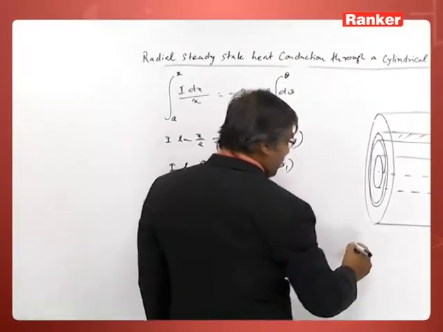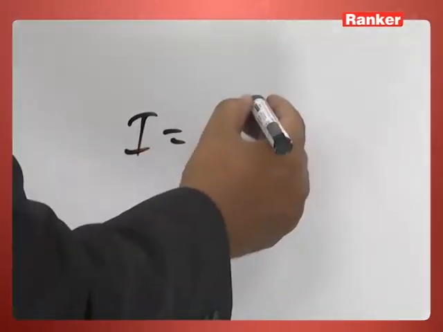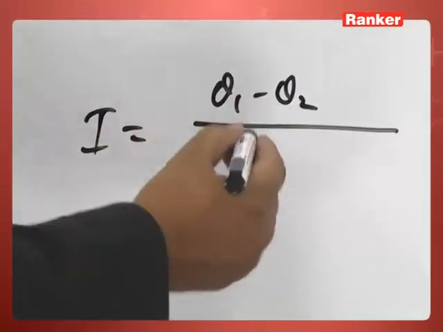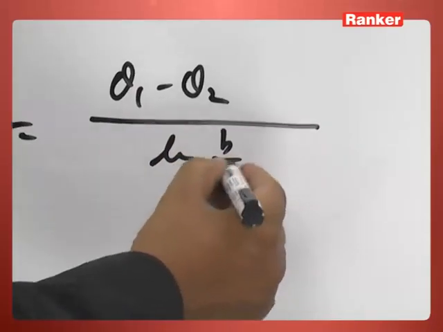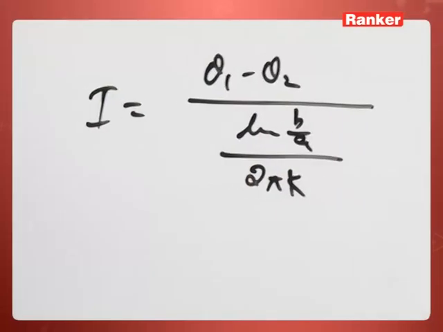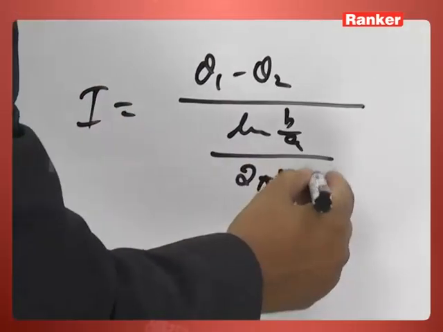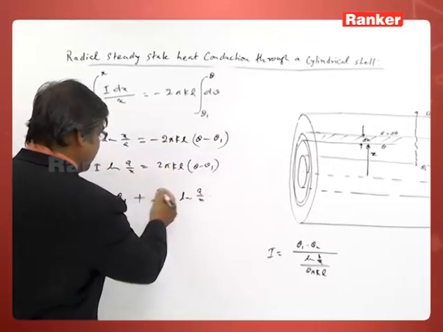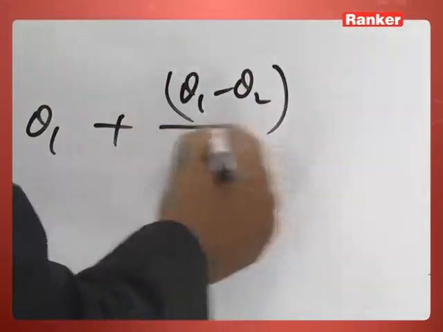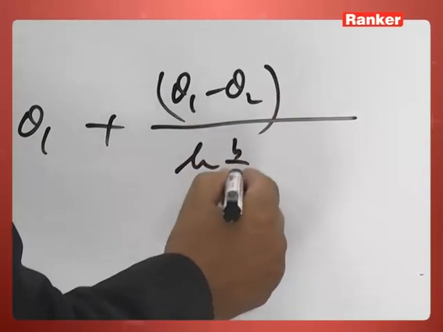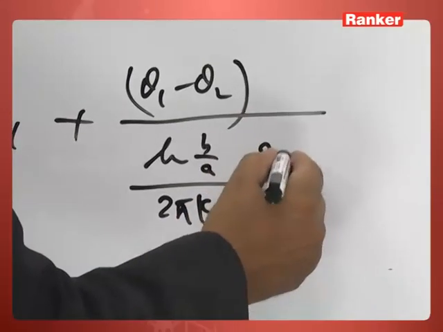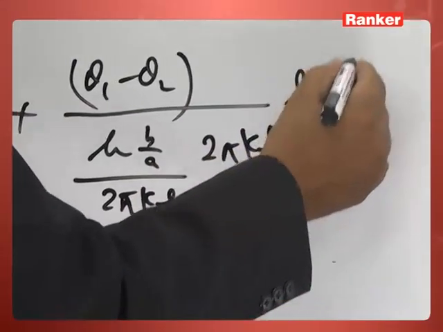You recall I is equal to the temperature difference theta 1 minus theta 2 by thermal resistance, which is ln B by A by 2 pi k, you can see it is 2 pi k L. So, again that thing we will put, I is equal to theta 1 minus theta 2 by ln B by A upon 2 pi k L, and this is 2 pi k L again ln A by x.